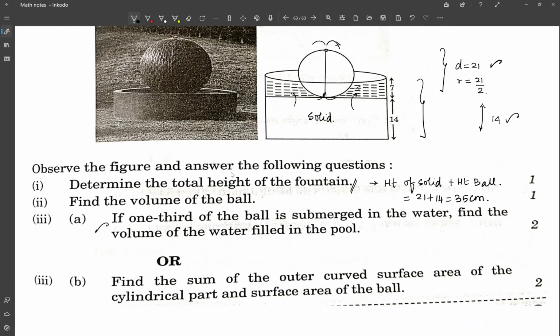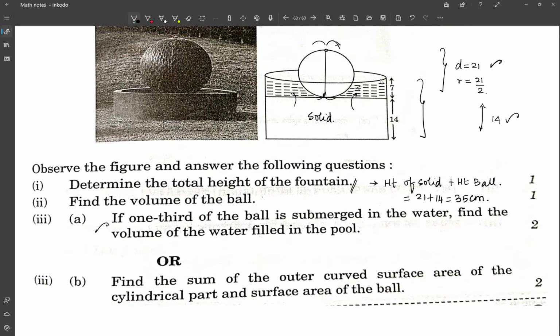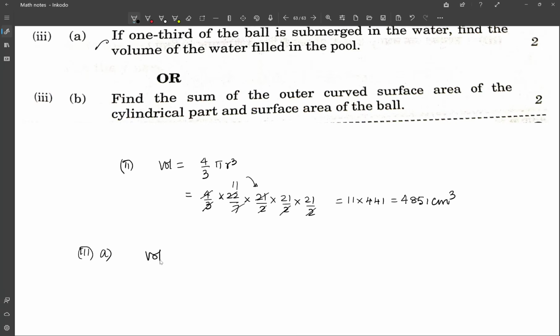Find the volume of the water filled in the pool. So the volume is filled up to the brim, and that would also include the one third of the volume of the ball, correct? So this small cylinder above this solid cylinder, that small cylinder which includes the water, that should be calculated as the volume of the cylinder above the solid.